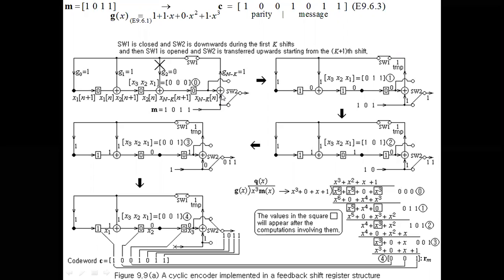Whereas the output of the last modulo 2 adder, take the output. When taking the output, there is a connection to the SW2 switch.